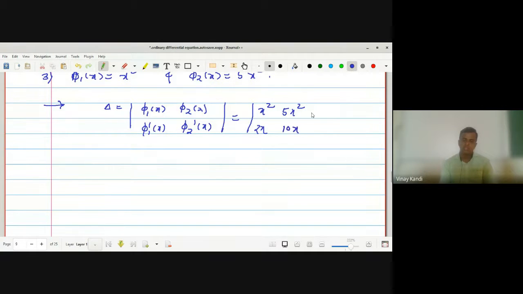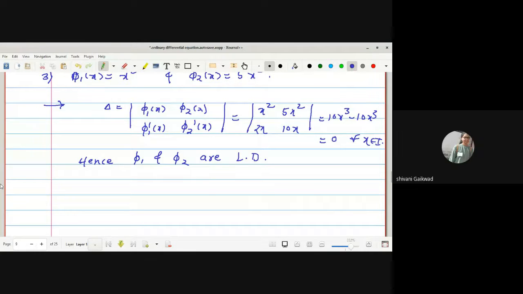Which is equal to 10 x cube minus 10 x cube, which is equal to 0 for all x belongs to any interval I. Hence phi 1 and phi 2 are linearly dependent. Okay? Any doubt?